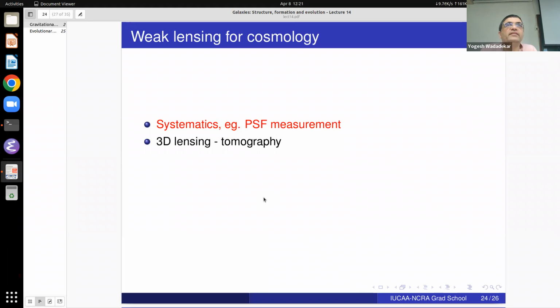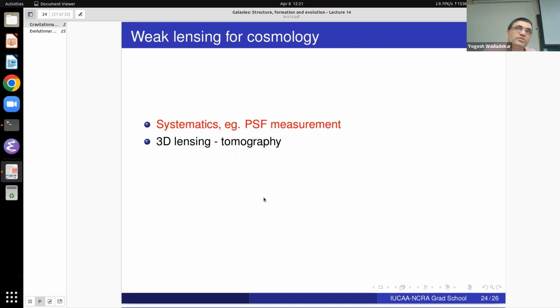But if you do that, you can do what is called 3D lensing. That is tomography. It's like a CT scan. You take galaxies at one redshift. They will be lensed only by stuff that is in front of them, not by stuff behind. Then you take the next redshift slice.